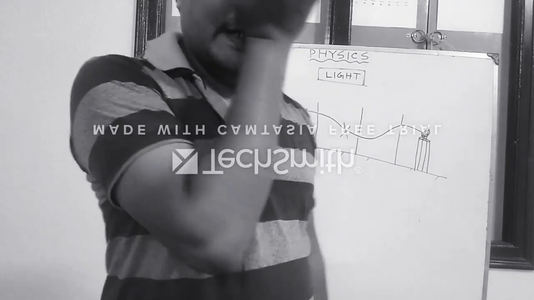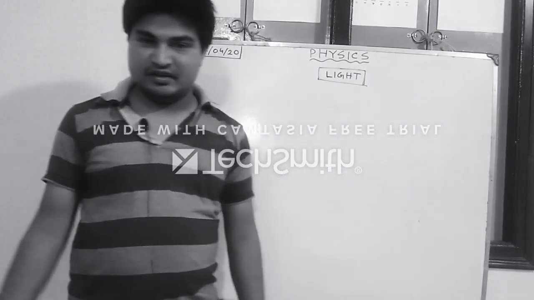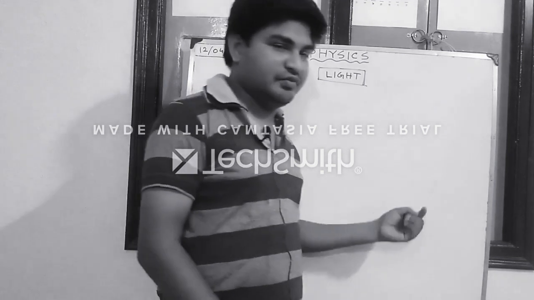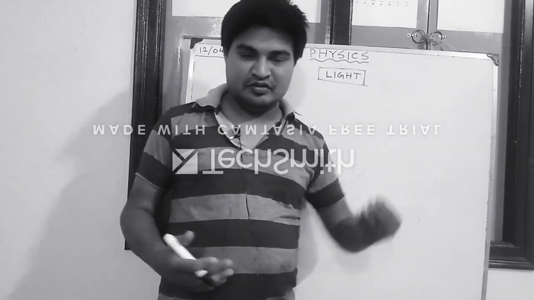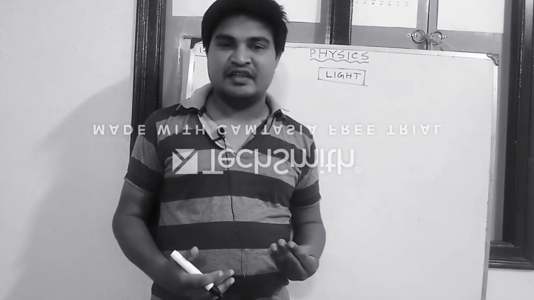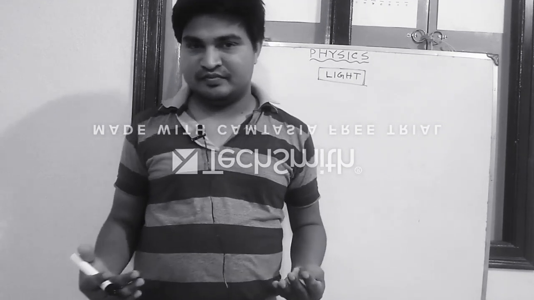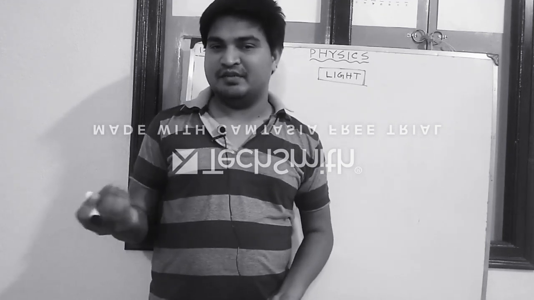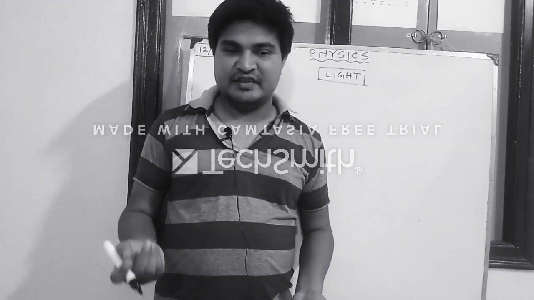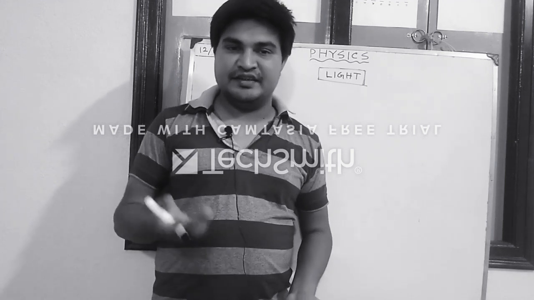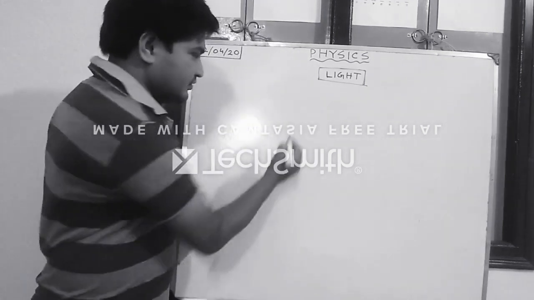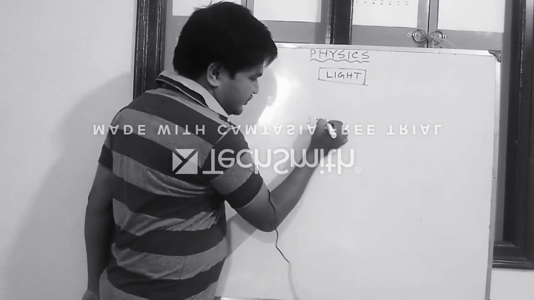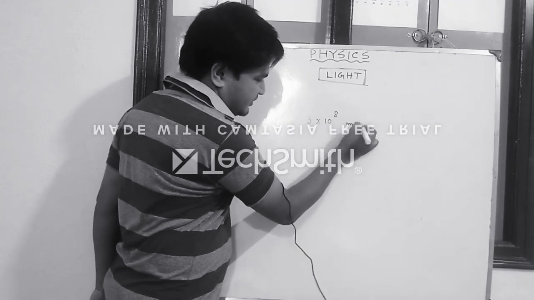The second property of light is that it does not require any material medium to travel from one place to another place. We know that from the sun to us light travels by radiation, and in this process no material medium is required, and during this propagation it travels with the speed of 3 into 10 to the power 8 meter per second.